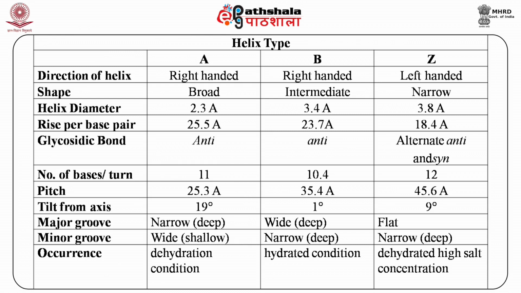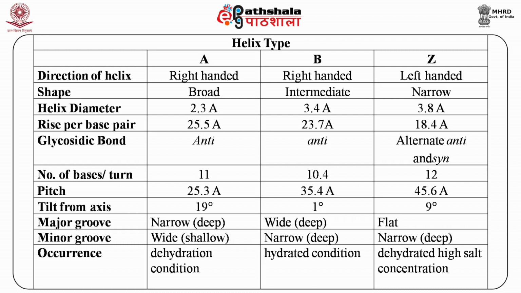Glycosidic bond, it is anti in A, anti in B, whereas alternate anti and syn in Z DNA. Number of bases per turn 11 in A DNA, 10.4 in B DNA, and 12 in Z DNA. The pitch size is 25.3 angstrom in A DNA, 35.4 in B DNA, and 45.6 in Z DNA. Tilt from axis is 19 degrees in A DNA, 1 in B DNA, and 9 in Z DNA.